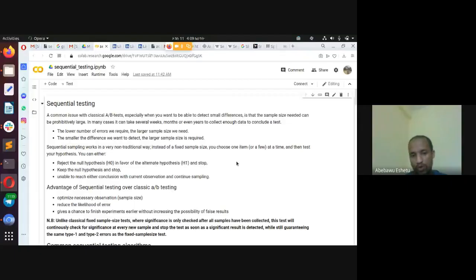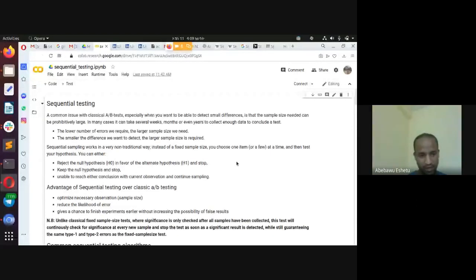We know that in classical A/B testing, to get lower error, we require a larger sample size, but how to decide that large sample size is still the question.